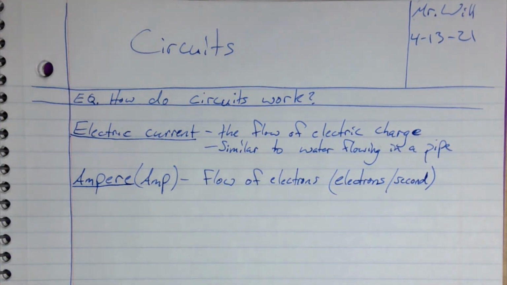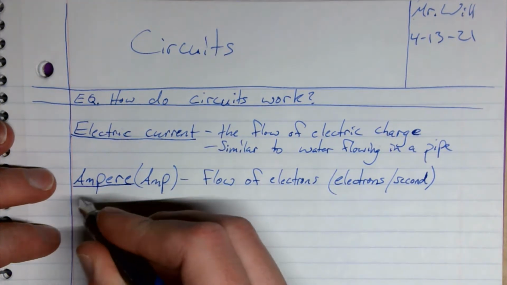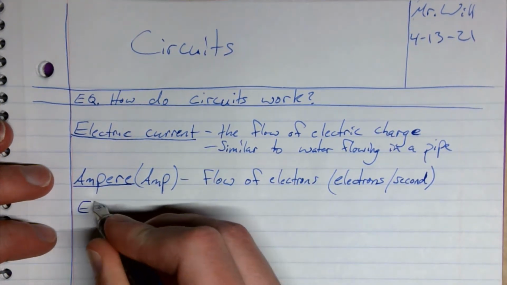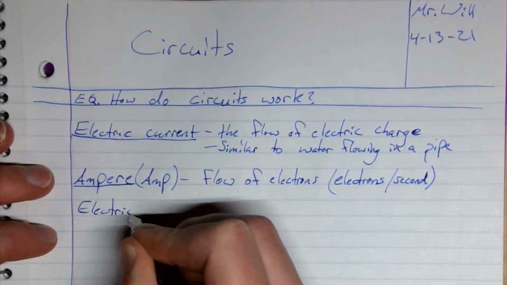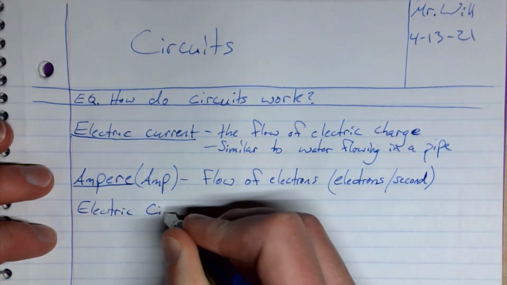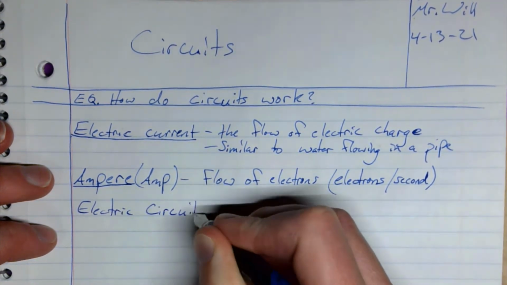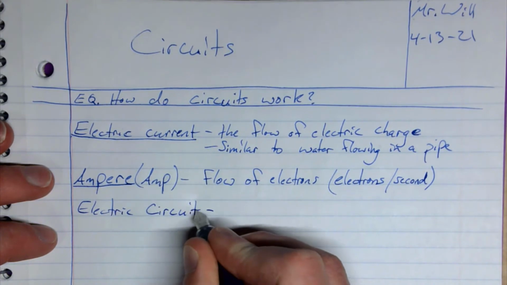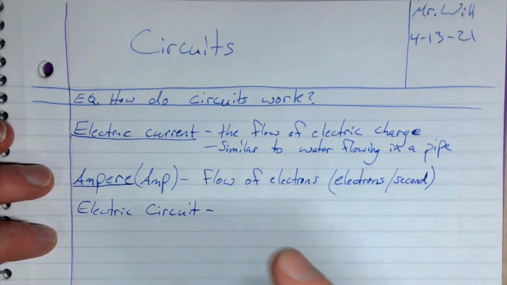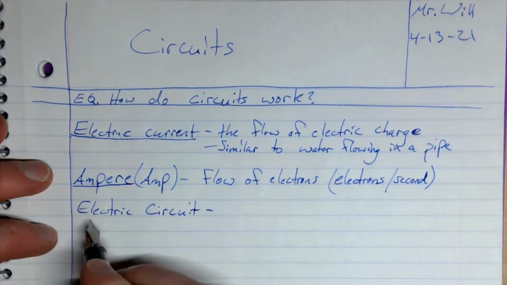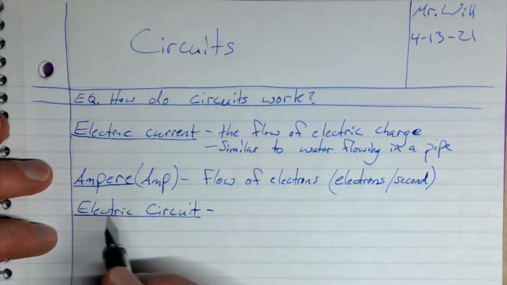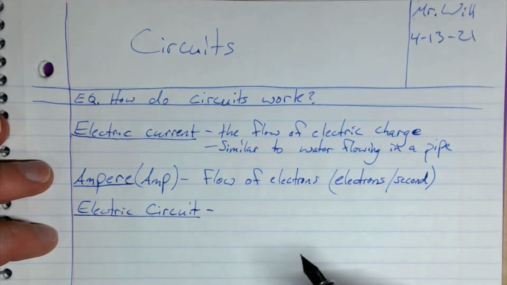All right, now let's talk about what a circuit actually is. So, an electric circuit. Now, if we just talk about a circuit in general, it's usually something that goes back on itself, like a racing circuit. You have a start and a finish and they meet at the same point. But this is specifically about electronics.